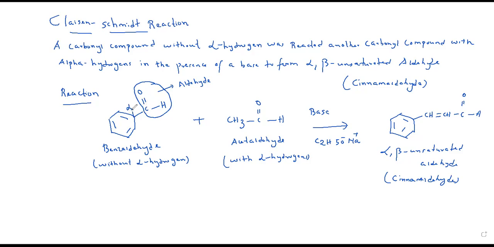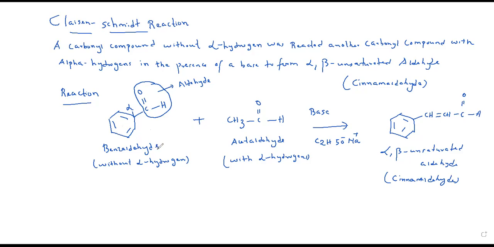But to this alpha carbon, there are no hydrogens attached. Whenever there is a substitution on this carbon atom of your aromatic ring system, the hydrogens will be lost. So the carbon atom adjacent to the functional group is the alpha carbon, but this alpha carbon is not having any hydrogens. So this is your benzaldehyde.